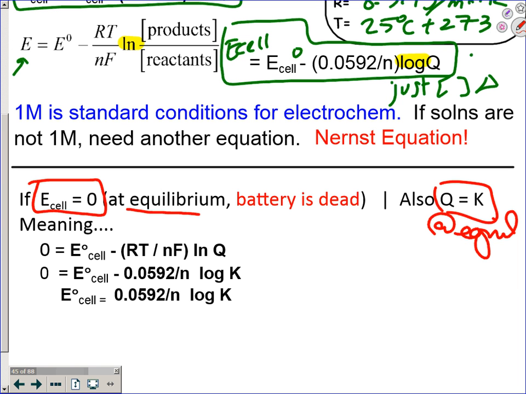So if you have a dead battery, and you wanted to know initially, before the battery died, what voltage it could produce at standard conditions, all you would do is plug in 0 where you would have E cell, and rearrange this to solve for just the E naught cell by itself, which is E naught cell minus RT over nF times ln of Q, which is the same thing as this. I just subbed in the entire equation.